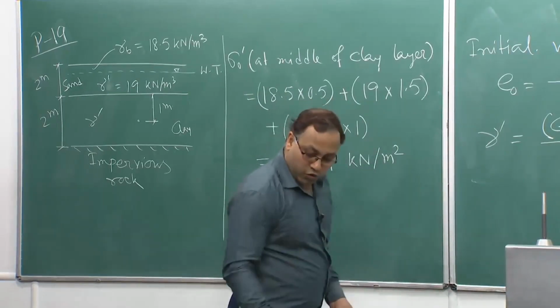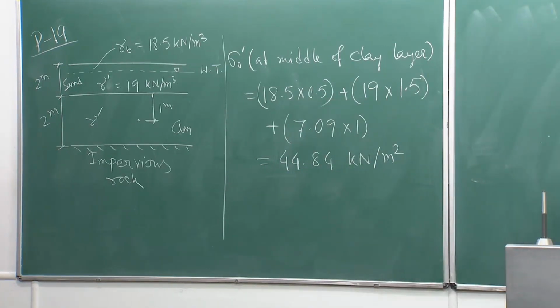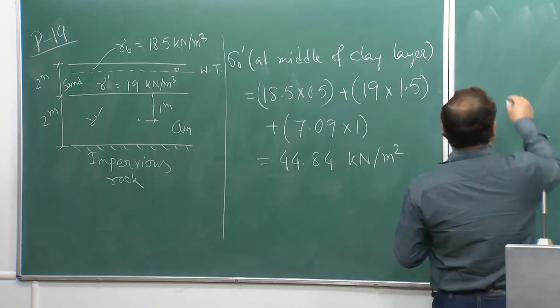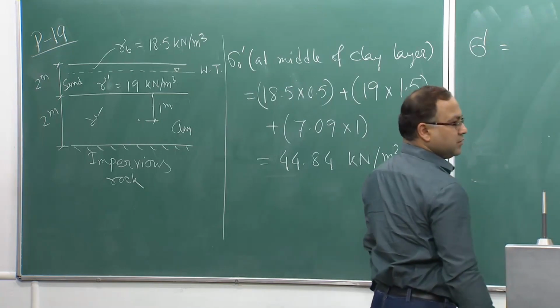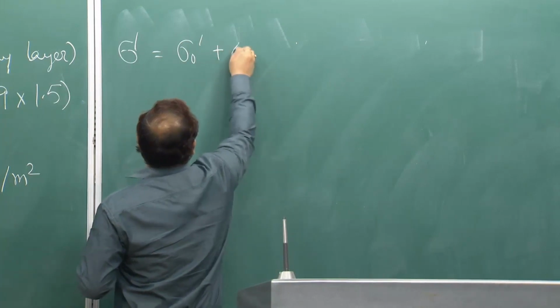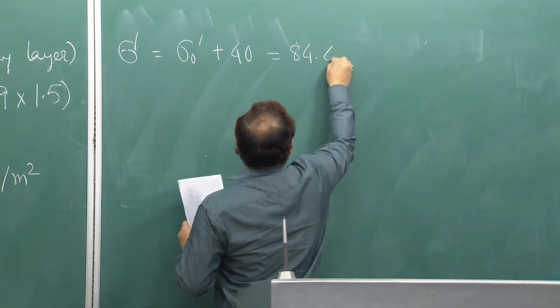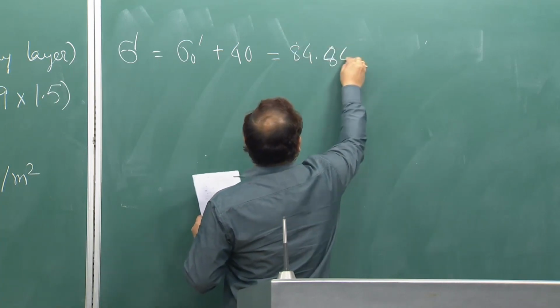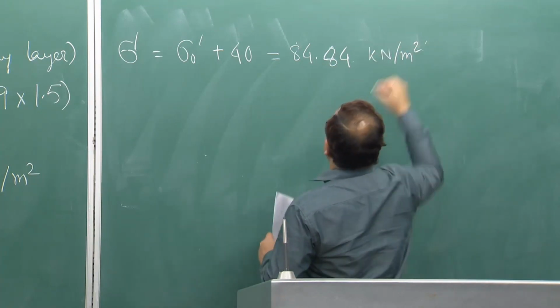Therefore, your modified effective stress after this additional stress will be sigma prime, that is sigma naught prime plus 40, equal to 84.84 kilonewton per meter square.